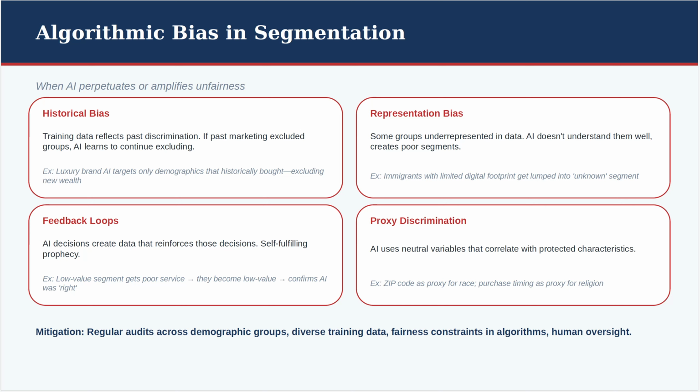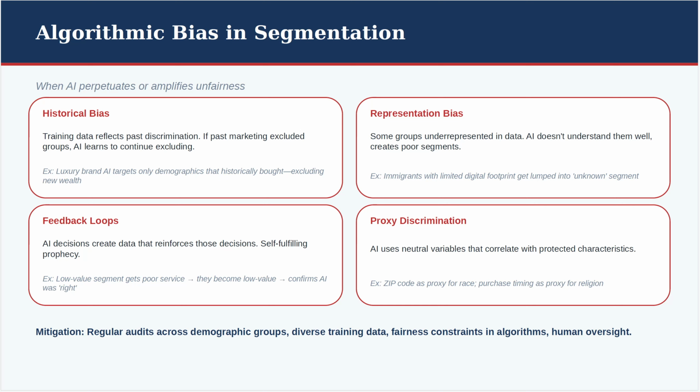Then proxy discrimination. So you can't legally discriminate by race, religion, gender, but AI can find proxies that correlate. For instance, zip code correlates with race or economic conditions. First name correlates with ethnicity.